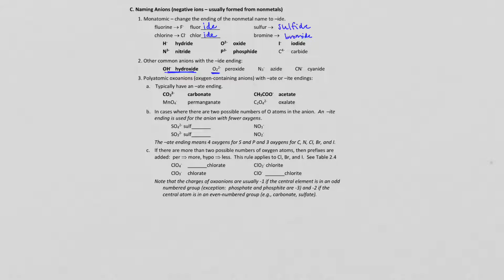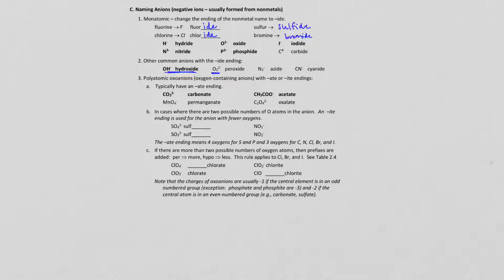Polyatomic anions tend to have that ATE ending. If there are two polyatomic anions with common starting materials, for example, in this example down here, SO4 2- and SO3 2-, right?